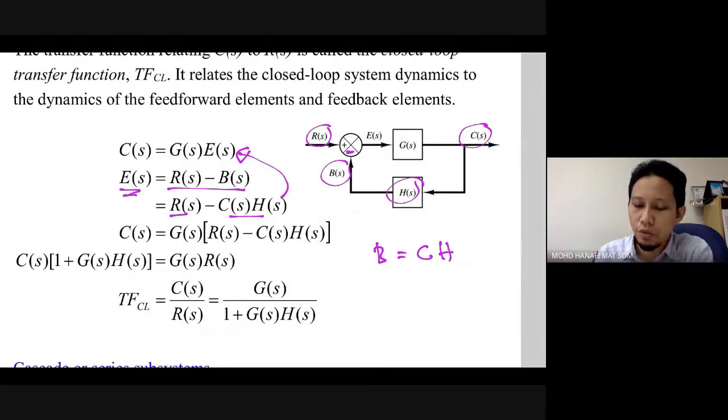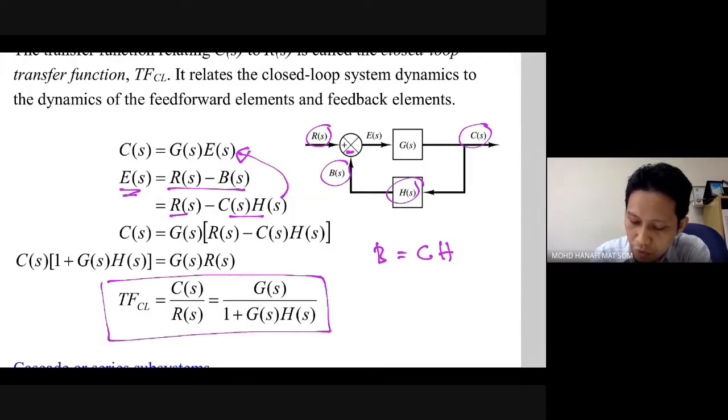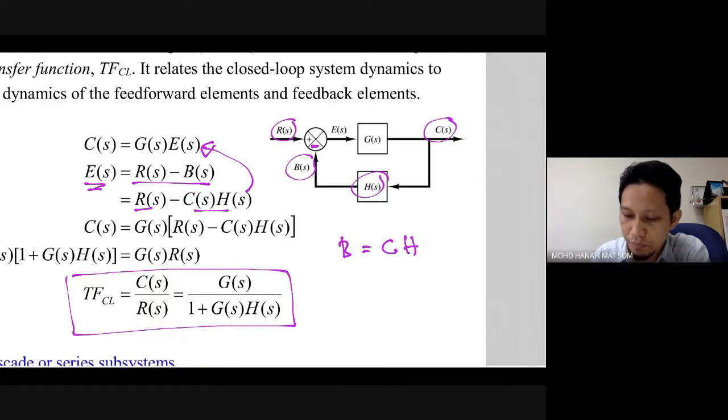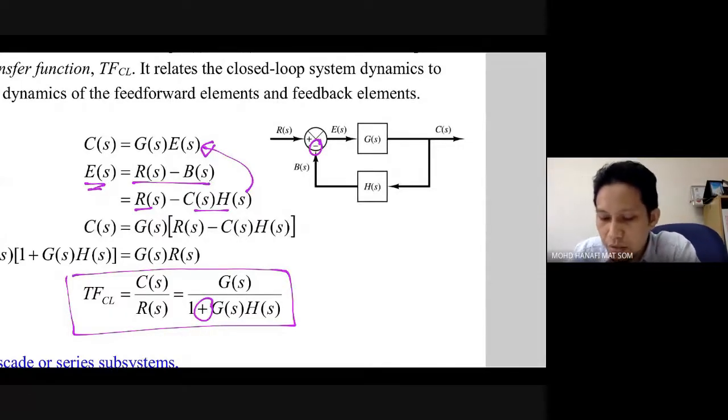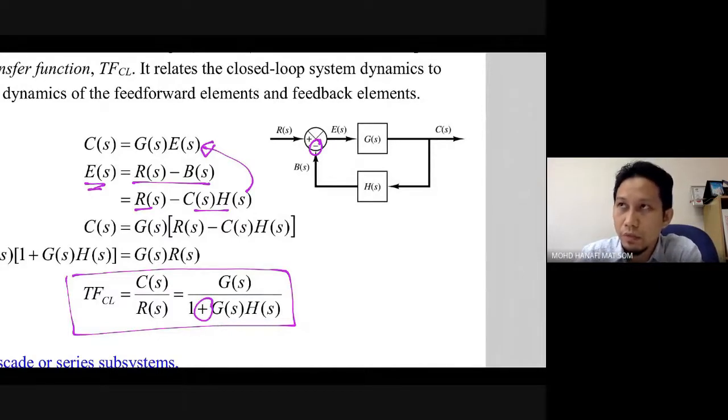You need to memorize this. This is very important. When I say the closed loop transfer function, you must remember it is given by G(s) over 1 plus G(s)H(s). One thing to note is the sign here, which is positive, and it is contra to the sign of the feedback path.